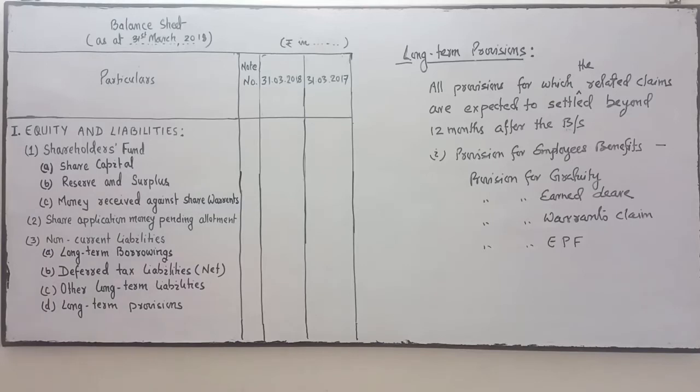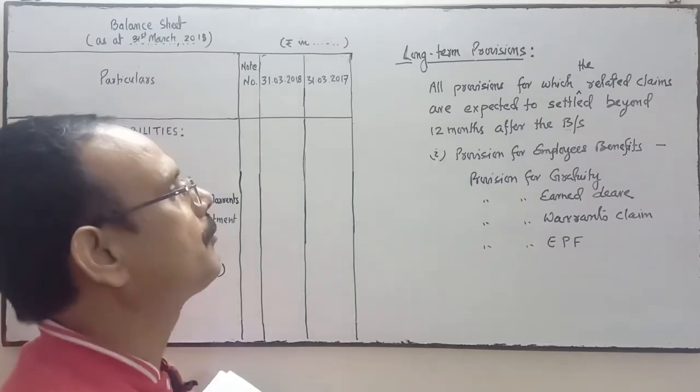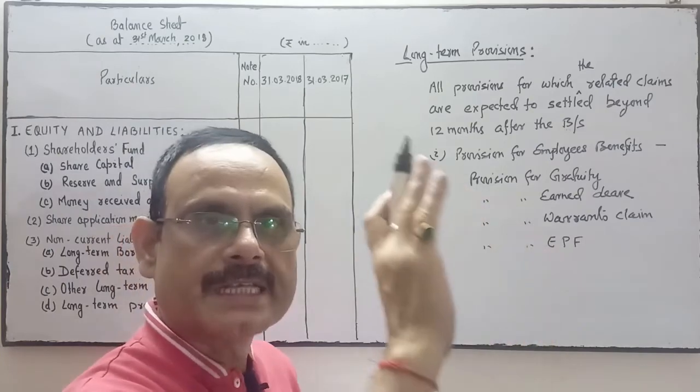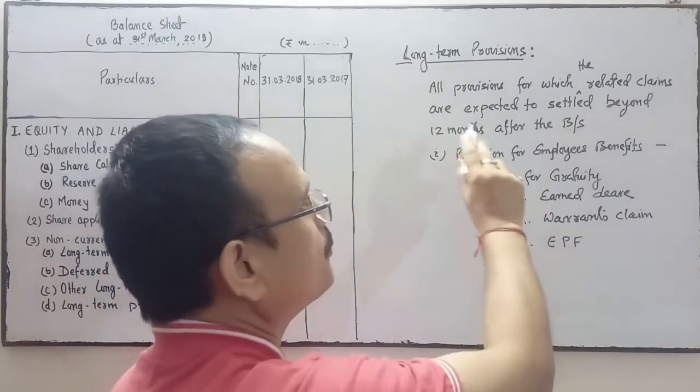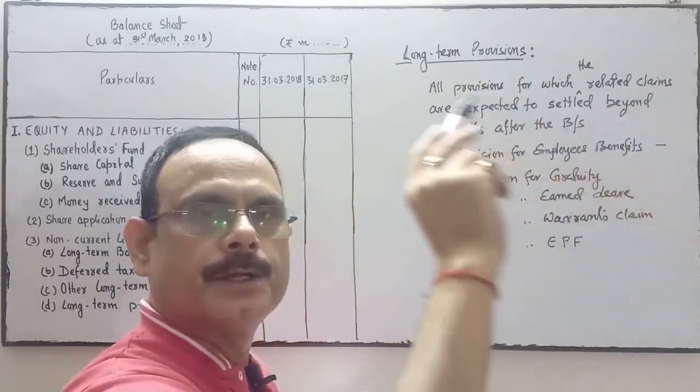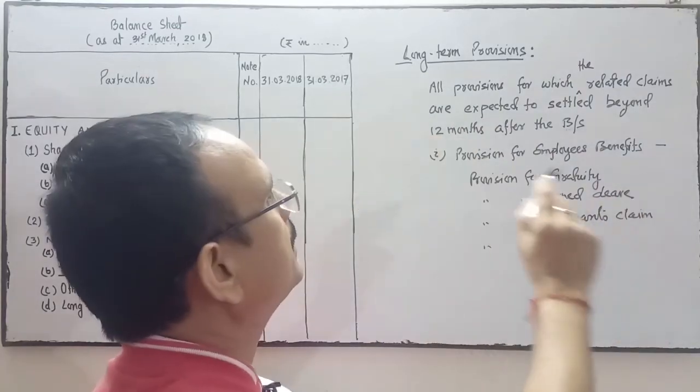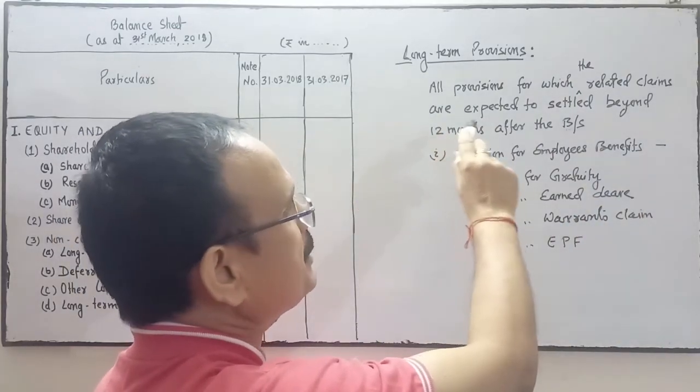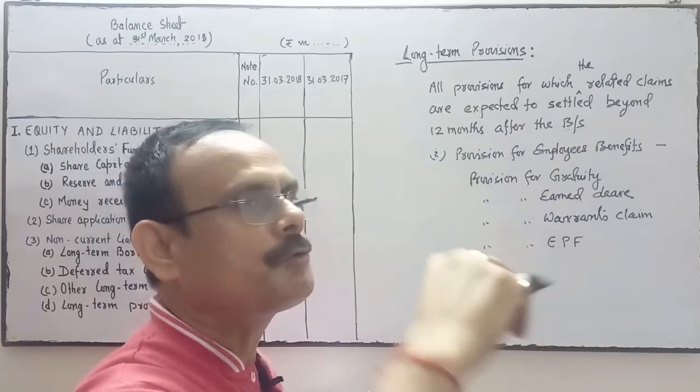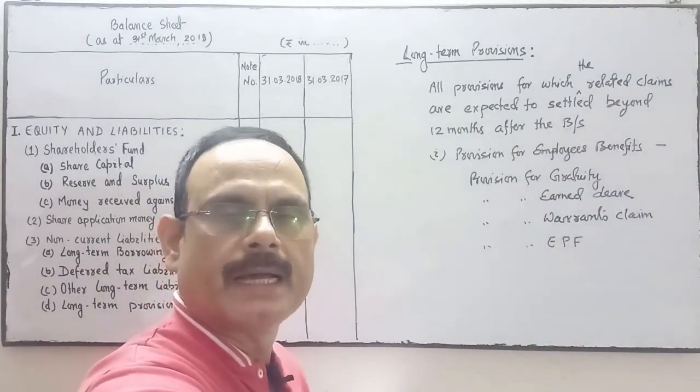Okay. Next, under non-current liability, the fourth subheading is long-term provisions. What is a long-term provision? All provisions which are related to claims, whose claims are expected to settle beyond 12 months after the reported balance sheet date.